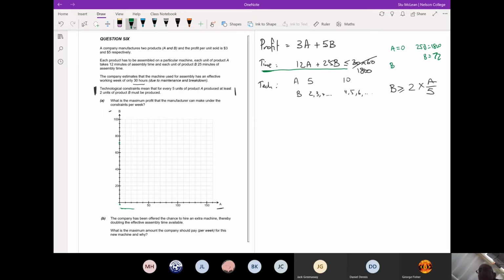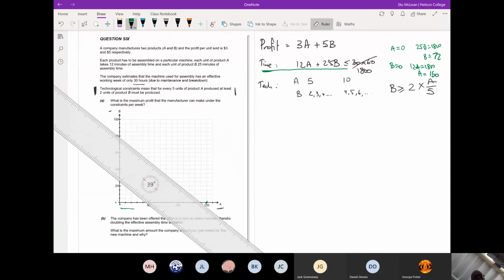And if B is 0, 12A equals 1800. So A equals 1800 divided by 12, which I think is 150. It is. So when B is 0, A is 150.